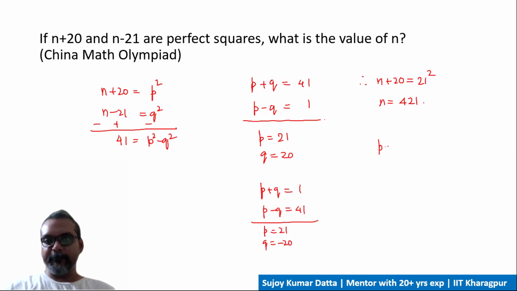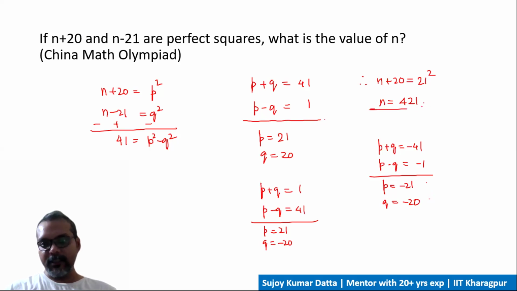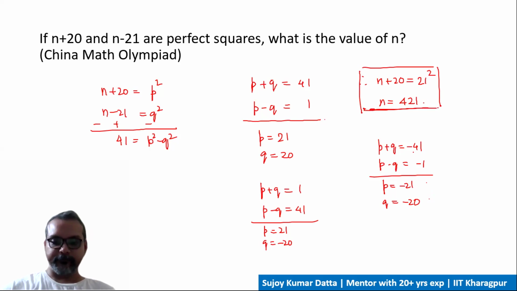Similarly, if I try p plus q to be negative 41 and p minus q to be negative 1, then if I add them, we'll get p to be negative 21 and q to be negative 20. But the solution for n is the same because the squared values would not change. So there is only one solution, which is 421.